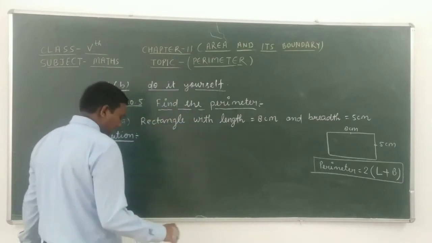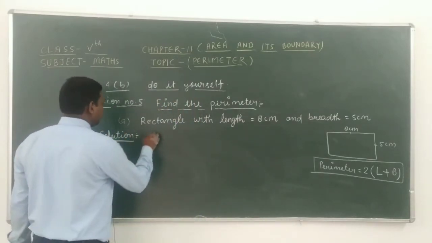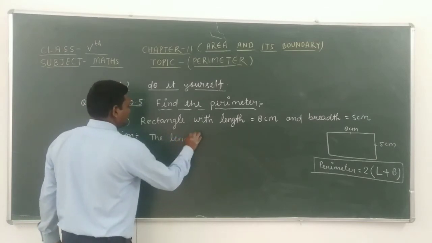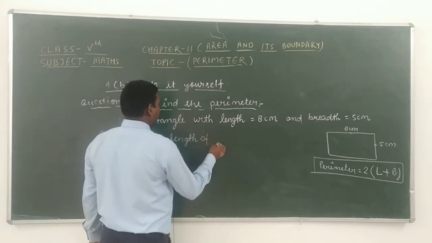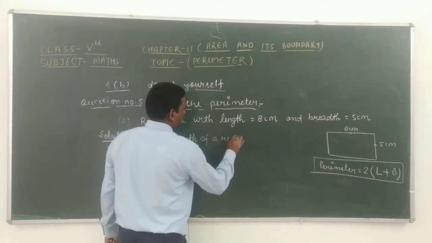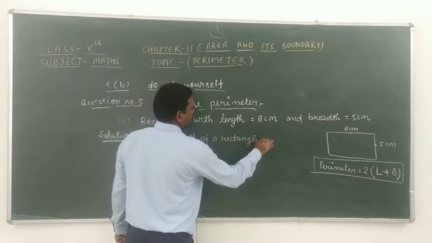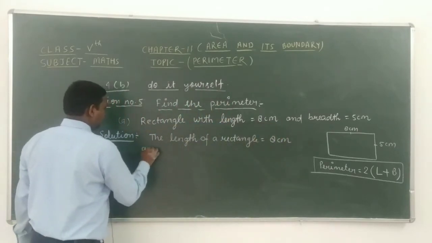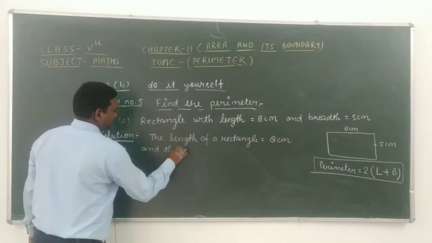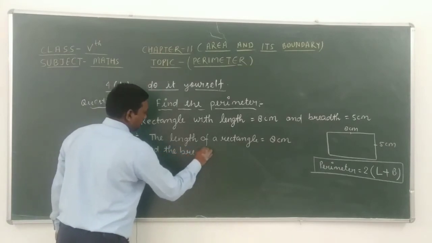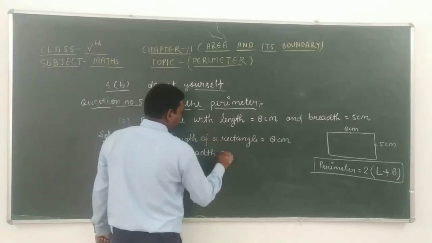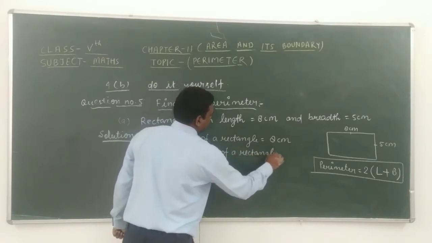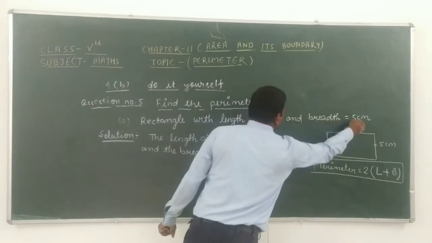Here given that the length of a rectangle is equal to 8 centimeter and the breadth of a rectangle is equal to 5 centimeter.